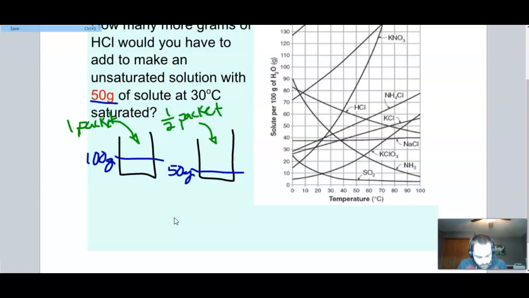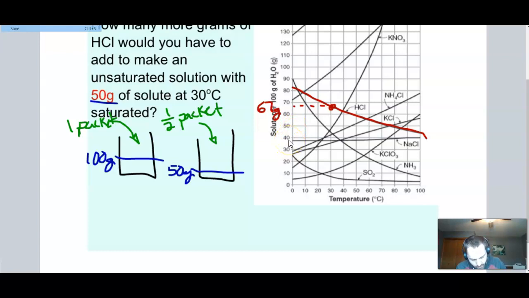So relating back to this problem, it's talking about HCl in this case. So I'll follow the HCl line, and it says at 30 degrees. So at 30 degrees, it looks like we could dissolve somewhere around 67 grams.